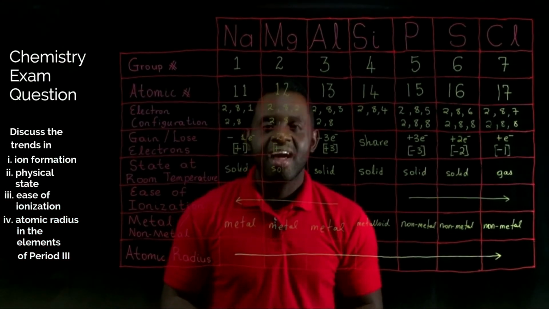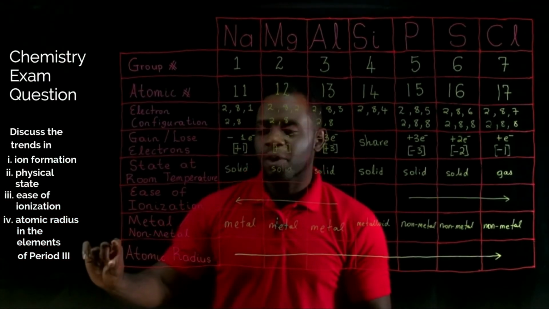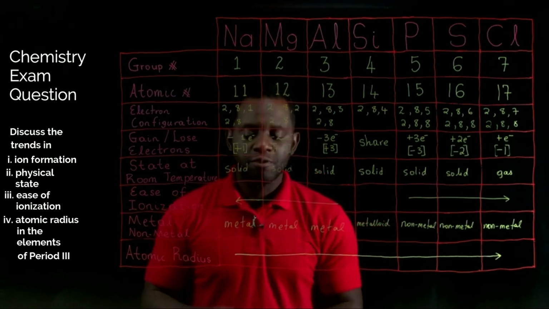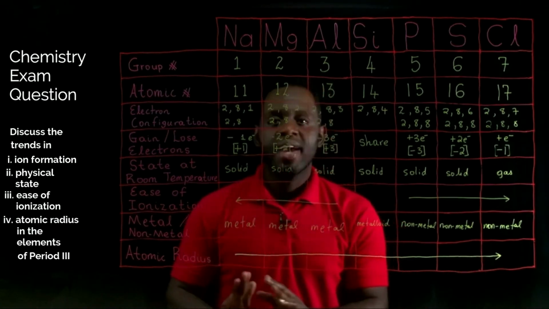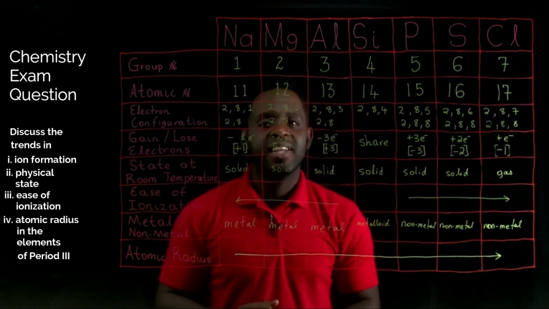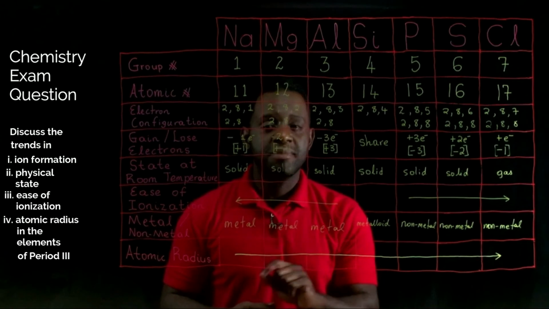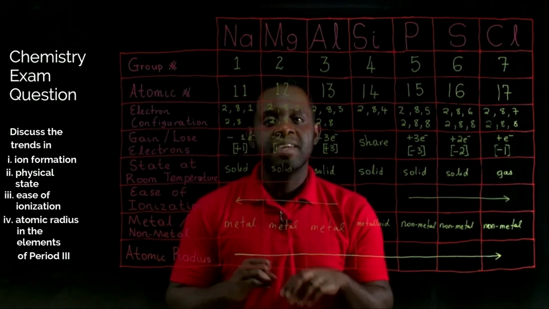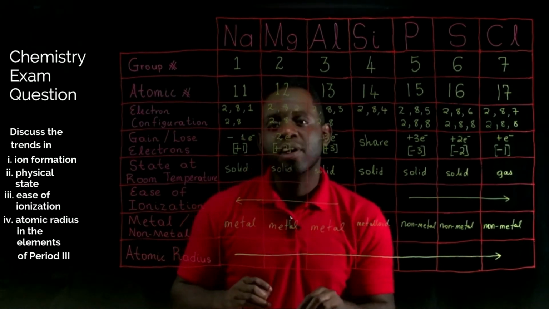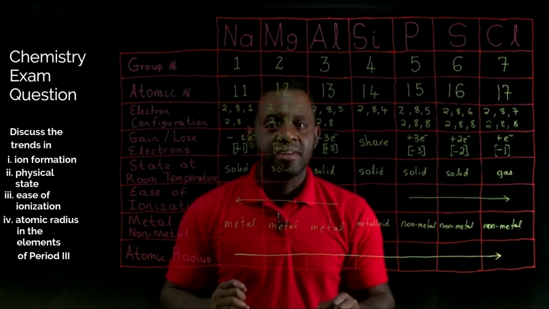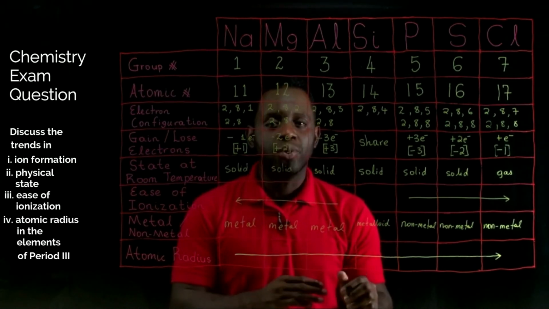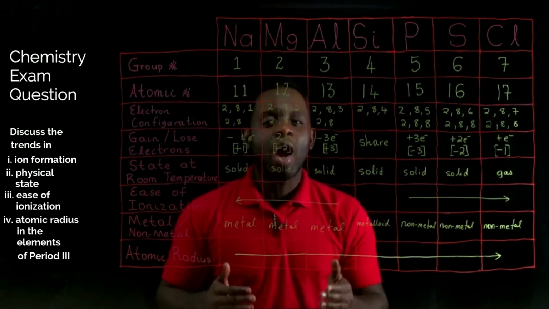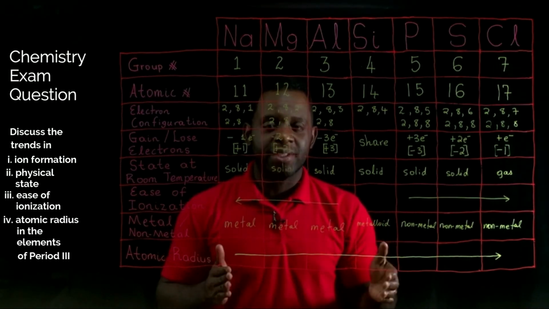And finally, let's discuss these 2 points of comparison for the elements in period 3. Going from left to right, we have an increase in effective nuclear charge, meaning because there is one more proton being added to the nucleus of the atoms, then we have a greater attractive pull of that nucleus for the valence electrons, which are on the same shell.